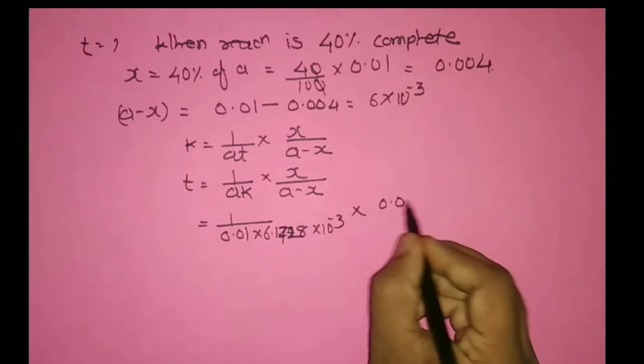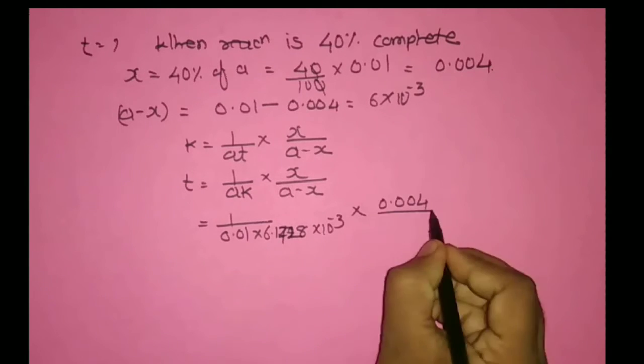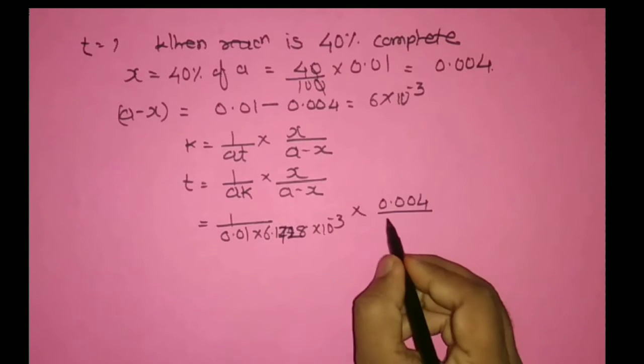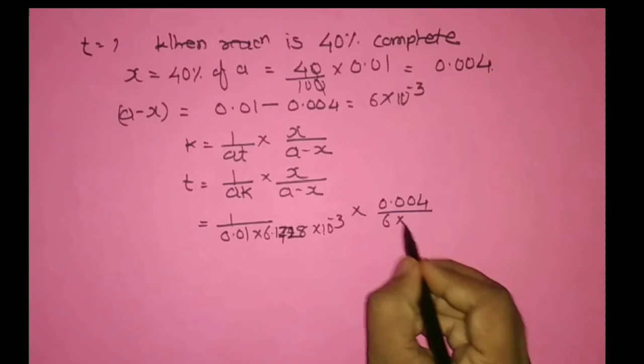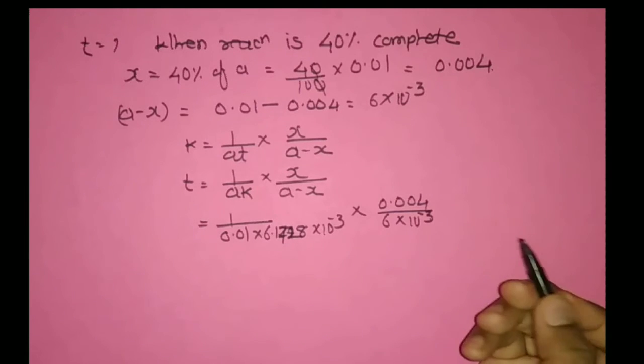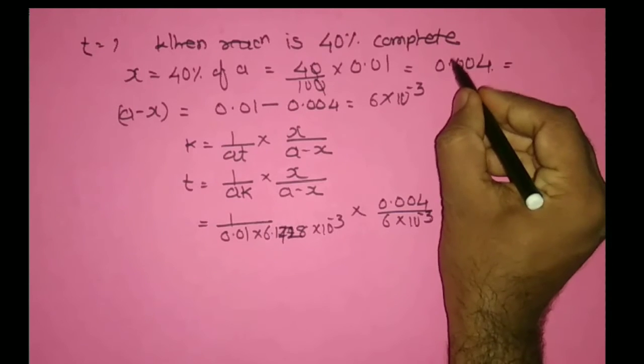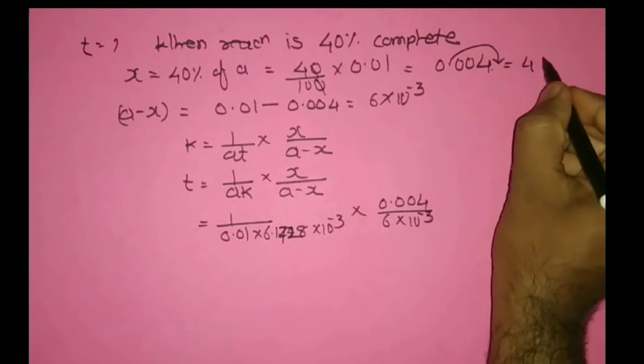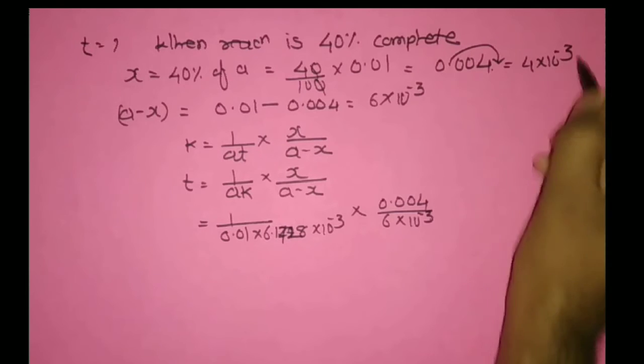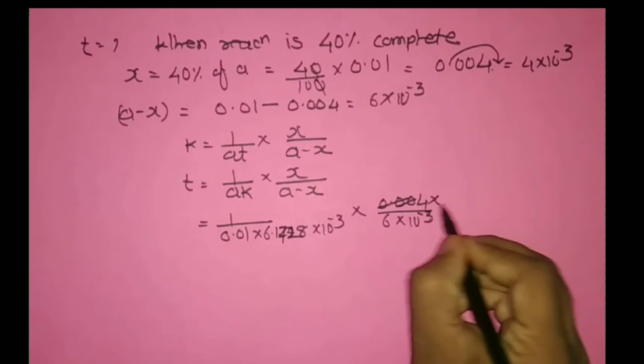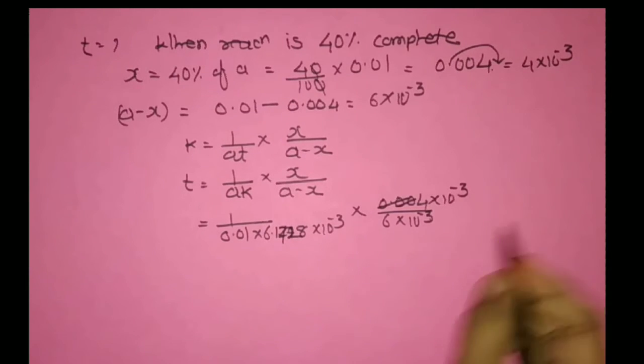It is 0.004 upon the value for A minus x, which is 6 into 10 raised to minus 3. Instead of this, we can shift the decimal to this side. We can also write it as 4 into 10 raised to minus 3.